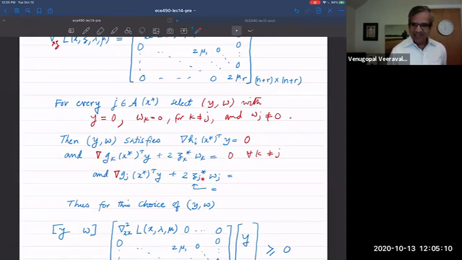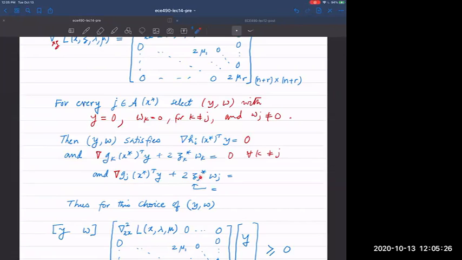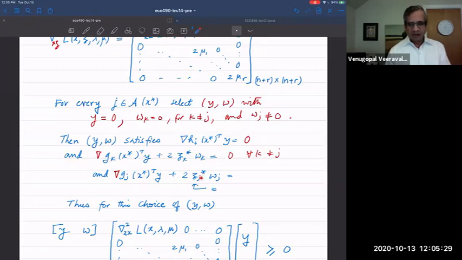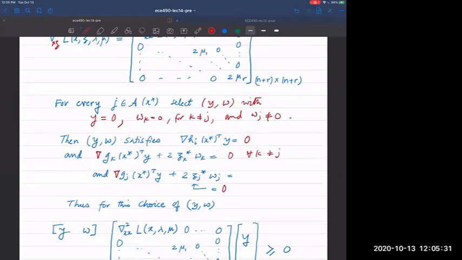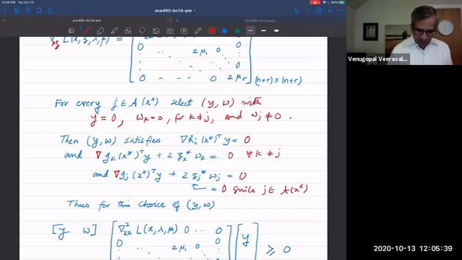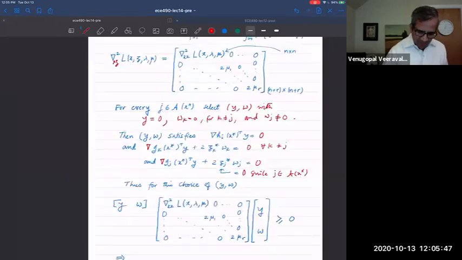But let's look at zj star, for j that is active. There's no gap to fill for an active constraint, so zj star is 0. So this whole thing is 0. So basically this y, w satisfies the constraints required in the second order condition for the equality constraint problem.